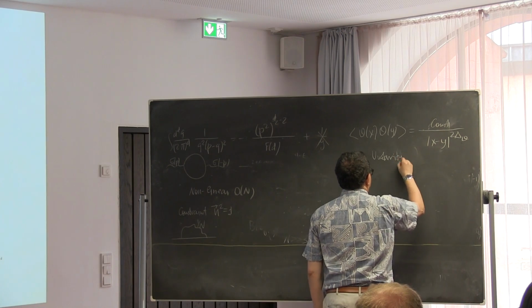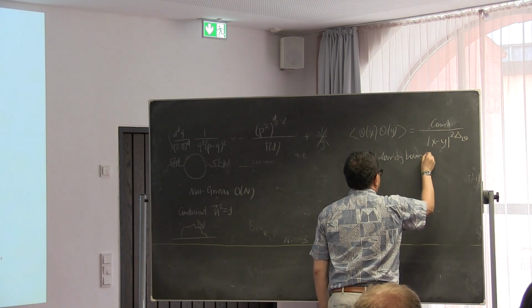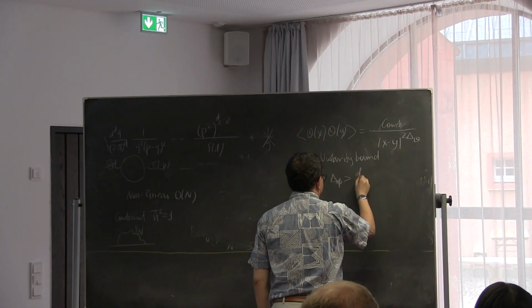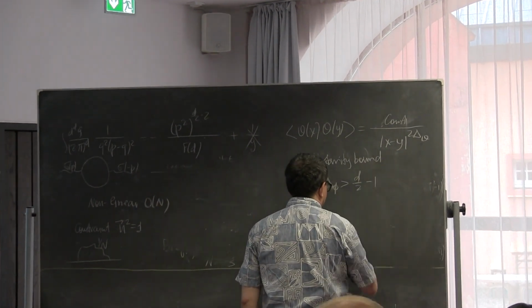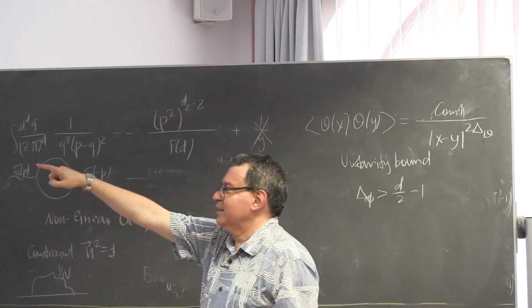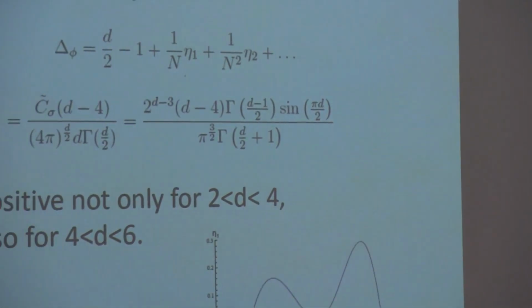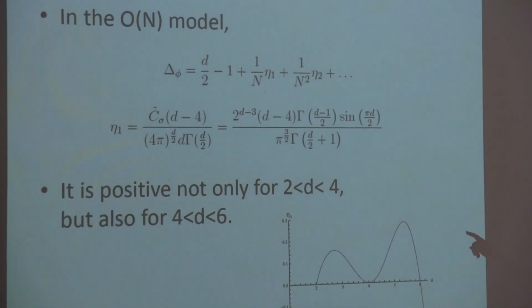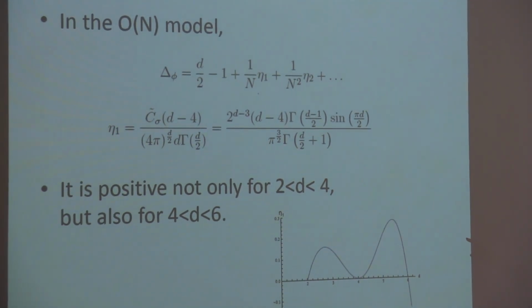The unitarity bound says that delta phi has to be greater than d over 2 minus 1. Right? And you see that d over 2 minus 1 is the leading term in delta phi. So if eta 1 becomes negative, then you immediately know that the large N theory is not unitary.